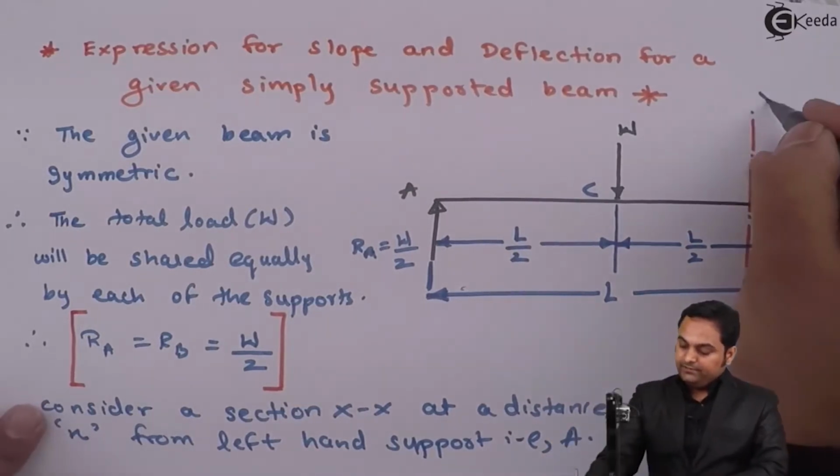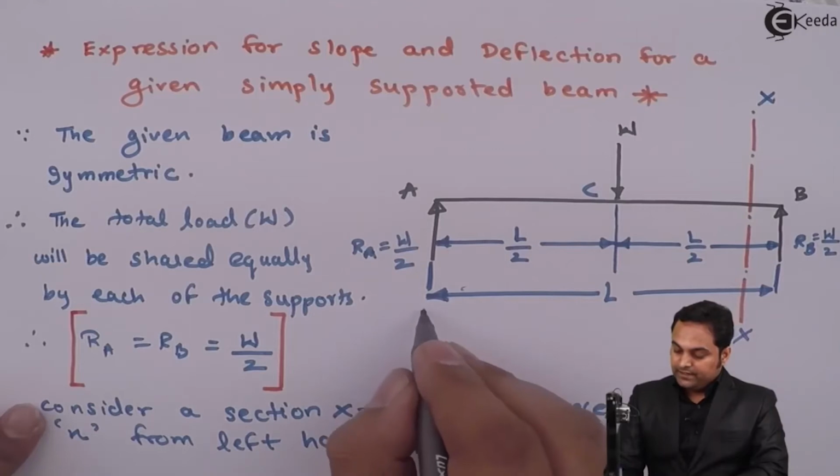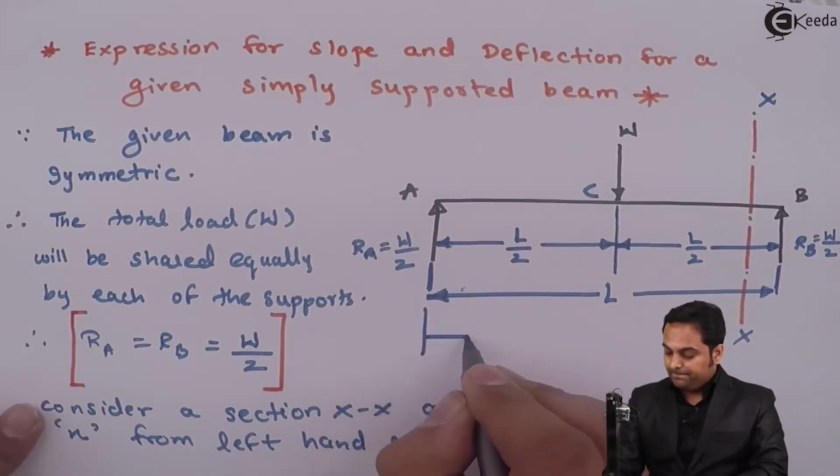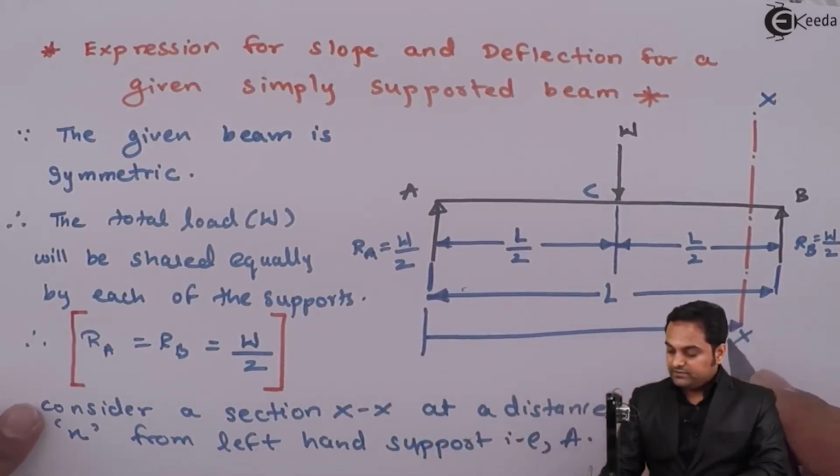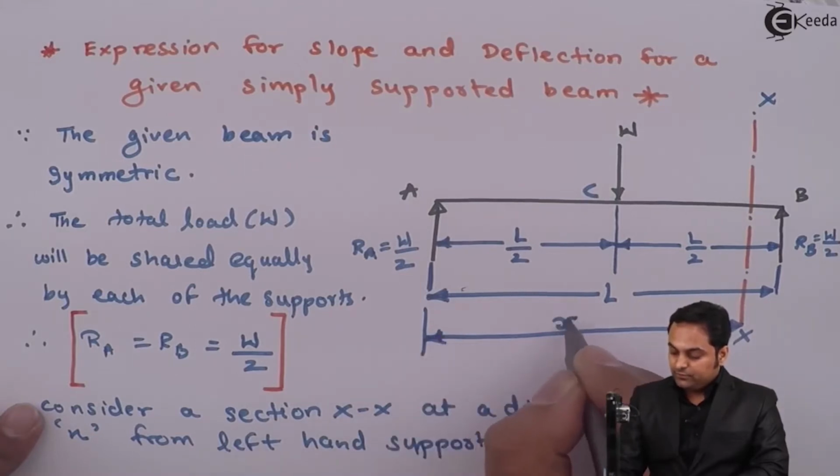Now here I am taking the section XX and its distance is x from the left hand support.